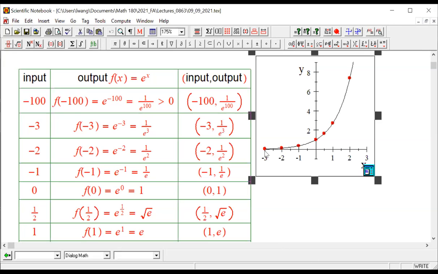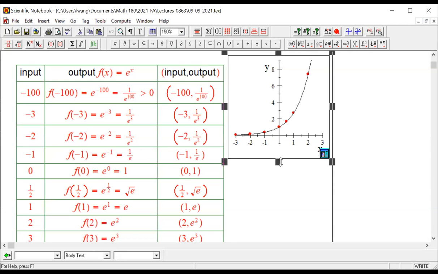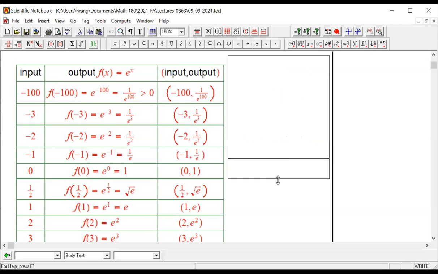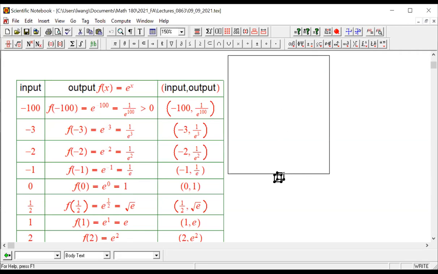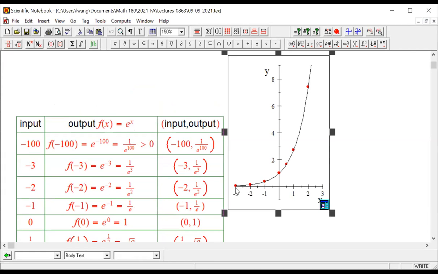So even though this point is like, gee, it's so close, right? I'm going to make this to see if I can make some space for you. Do you guys start to see the space? You see this lowest red dot is actually above the x-axis, right?